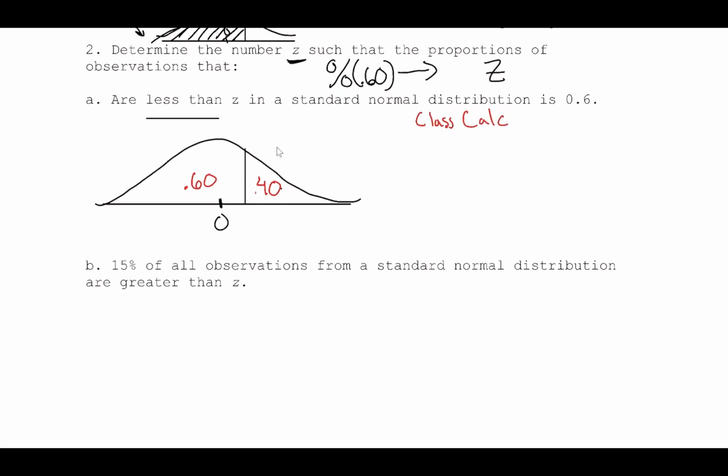In ClassCalc, you first want to do normal distribution, and you tell it your mean is 0 and standard deviation is 1. The reason you tell it the mean is 0 and standard deviation 1 is because you're trying to find the Z value, and for a Z value the mean and standard deviation are always 0 and 1.